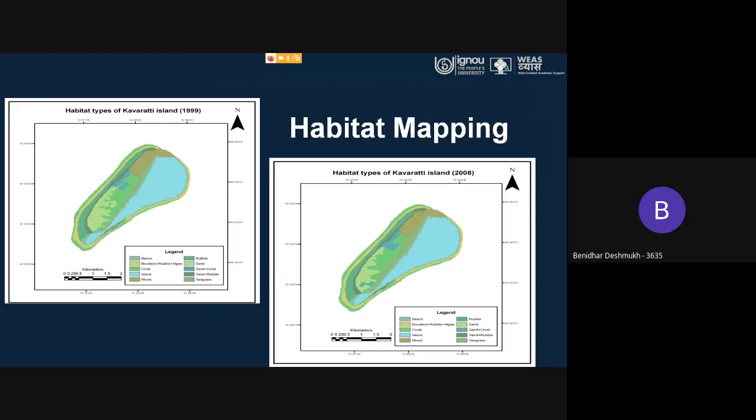So this is an example of habitat mapping of Kavaratti Island, which this map was prepared in around 2009 by two of my students when I was in CDEC. These are the islands in Lakshadweep, wherein the habitats were mapped, and different habitats like the coral and beaches, seagrasses, etc. Those were mapped in that.